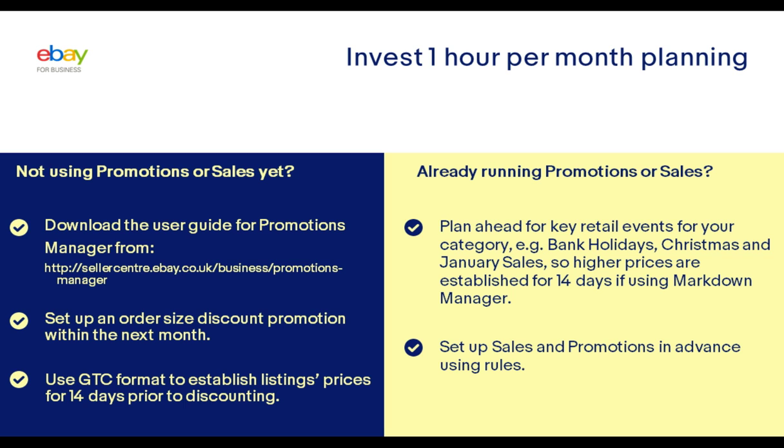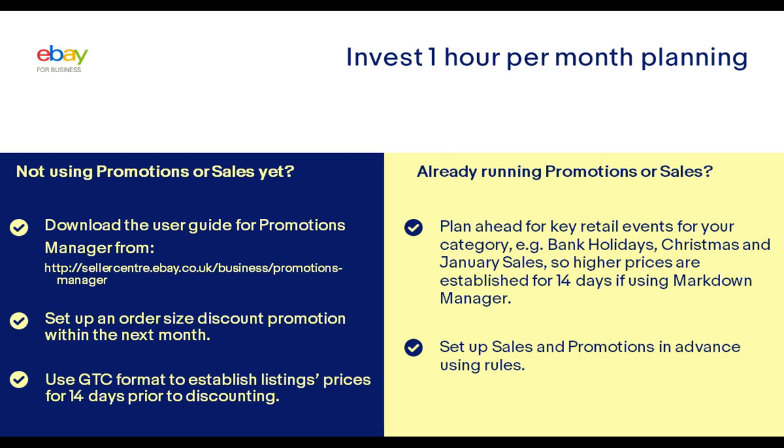There's a downloadable user guide within Promotions Manager there, so you've got a choice. You can either copy down the URL that we've got up on screen here, sellercenter.ebay.co.uk/business/promotions-manager, or go to the home page on eBay, go all the way to the bottom, click on Seller Center, and then make sure you're in the business section, because there's a personal and business section.